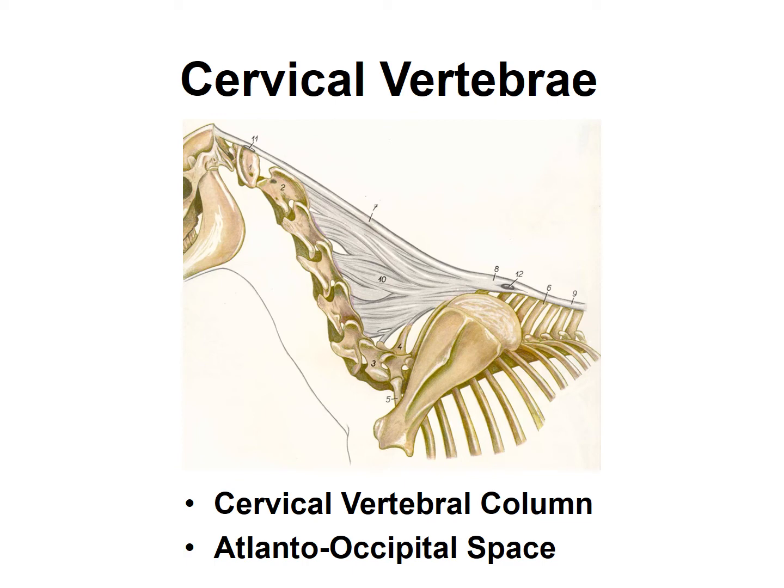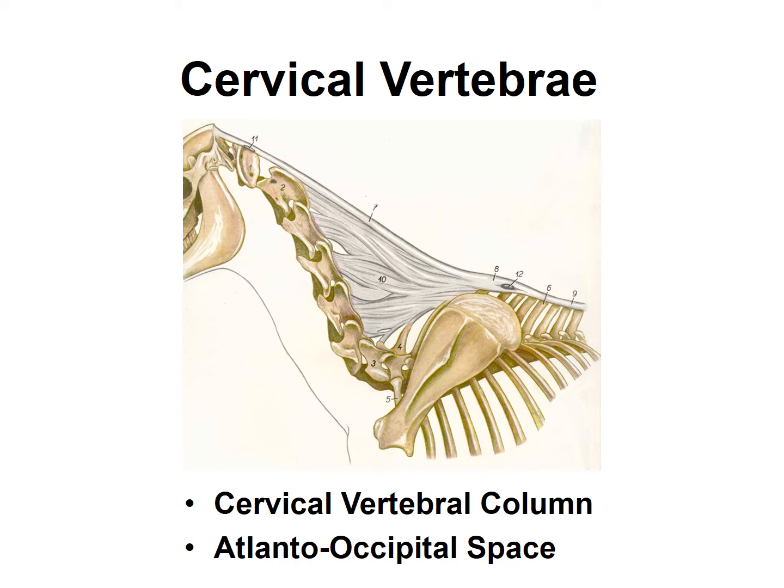Now we will talk about the last part of our talk, and that is the cervical vertebra. And here I'm just going to mention a few clinically relevant pieces of information about the cervical vertebra. The most important thing is, why should we study them?